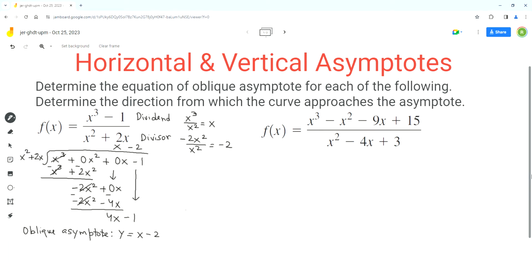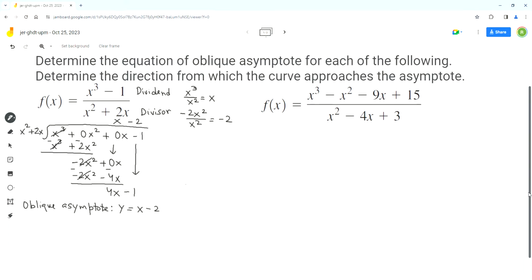So this function f of x can be rewritten as f of x equals x minus 2 plus (4x minus 1) over (x squared plus 2x).